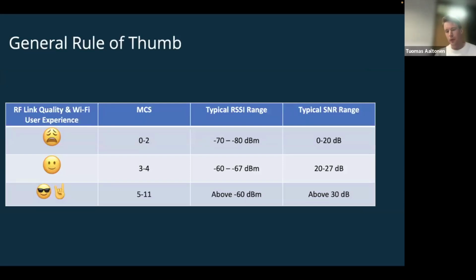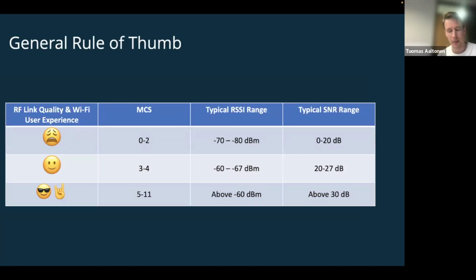As a general rule of thumb, you can think that MCS 0 to 2 are low MCS indexes, and the typical signal strength range is from -70 dBm to -80.